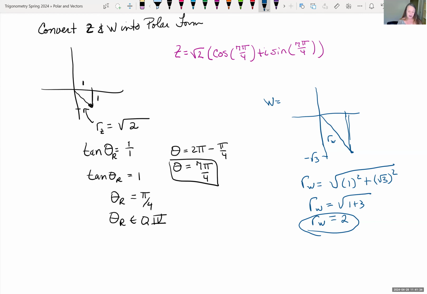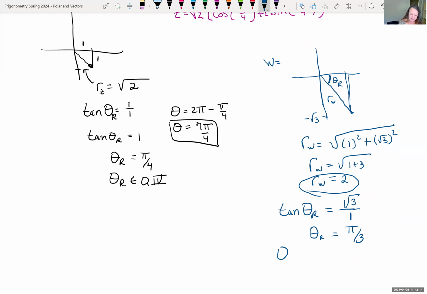Now I need to figure out what my angle is. Tangent theta is equal to the opposite, which is root 3, all over the adjacent, which is 1. That's the one with all the 3's, so I know that my reference angle is 60 degrees or pi thirds.